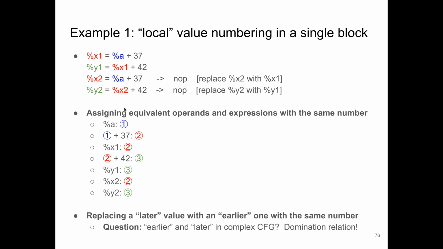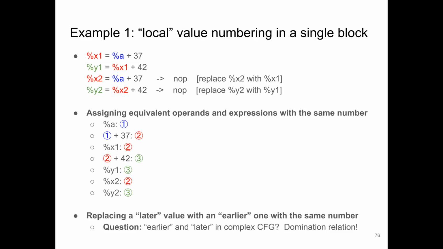Okay, so it is quite simple. It is quite straightforward. After removing these two instructions, we're going to replace x2 with x1 in the remaining part of the code, as I explained just before.